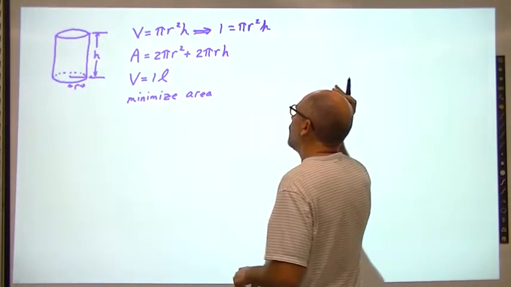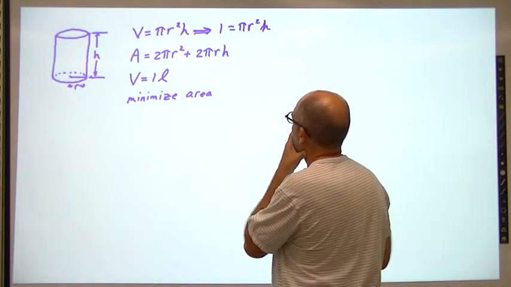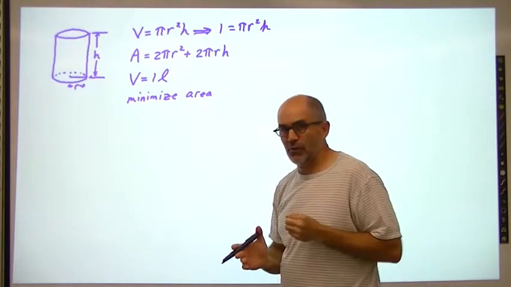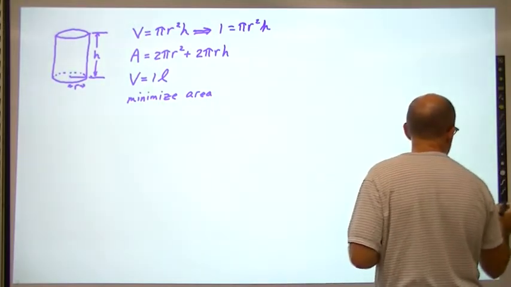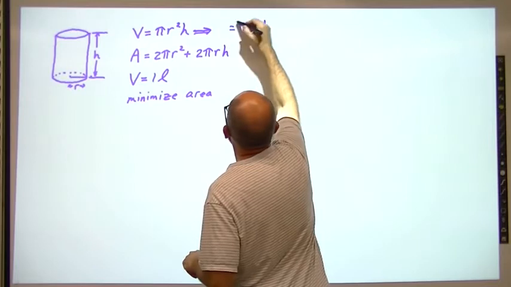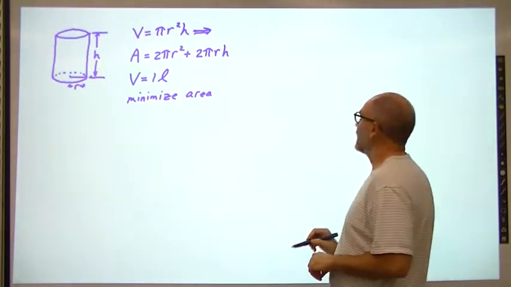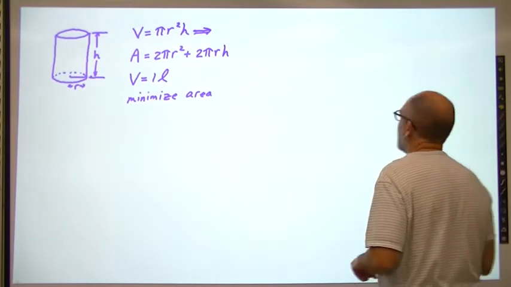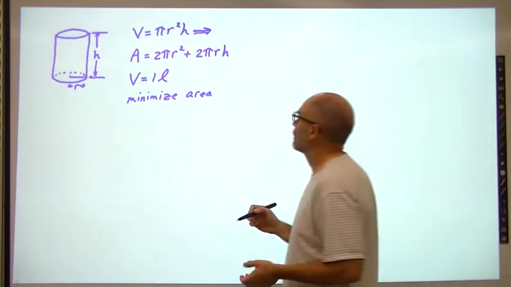Okay, so, wait a minute. What we're going to have to do is make sure our units are correct. And that's part of the problem with the metric system. 1 liter is 1,000 cubic centimeters.